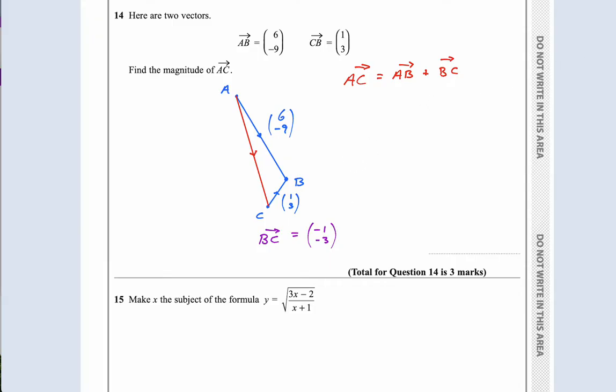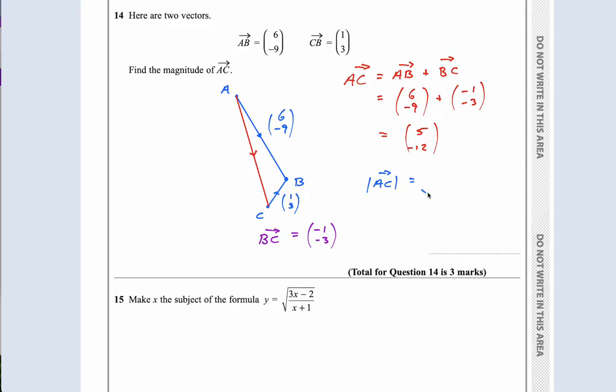So to find AC, I can get AB, which is (6, -9), plus BC, which is (-1, -3), and add these together. 6 minus 1 is 5, minus 9 minus 3 is minus 12. And now I just need to get the magnitude of this. How do I get the magnitude of that? Well, I write it like this to begin with, and then I just use Pythagoras' theorem.